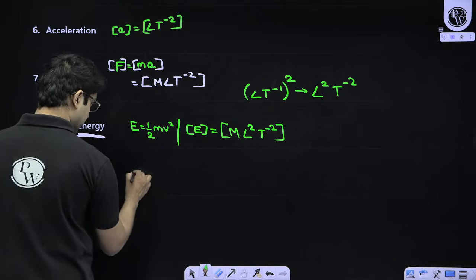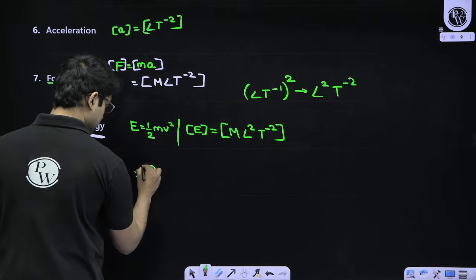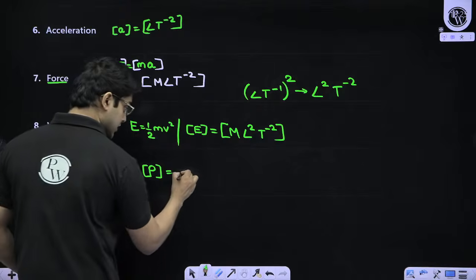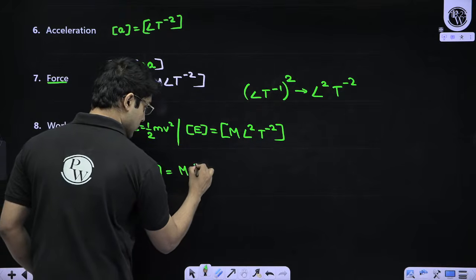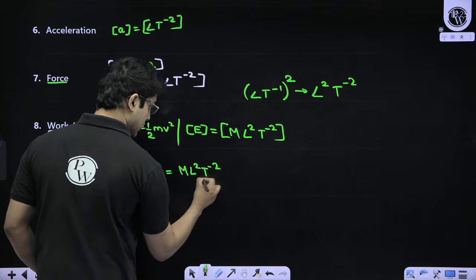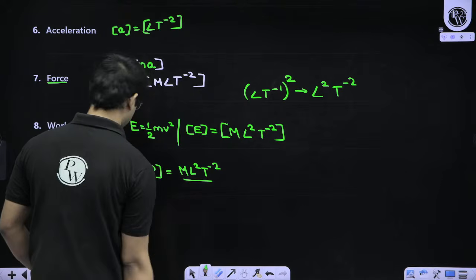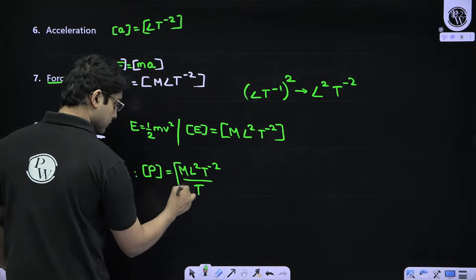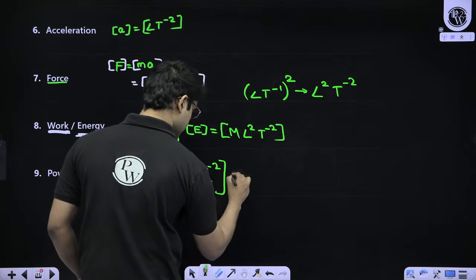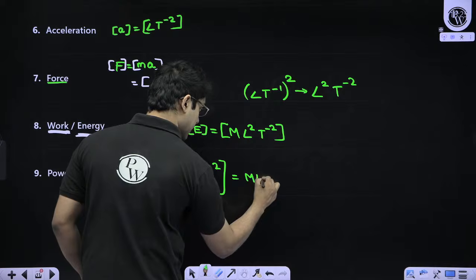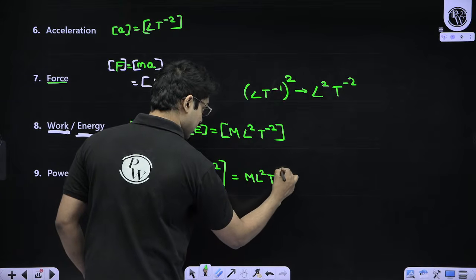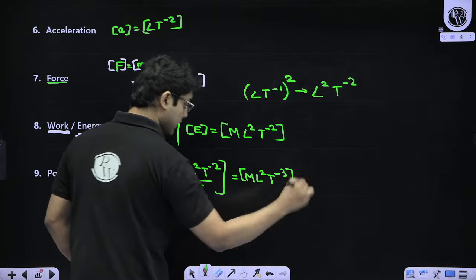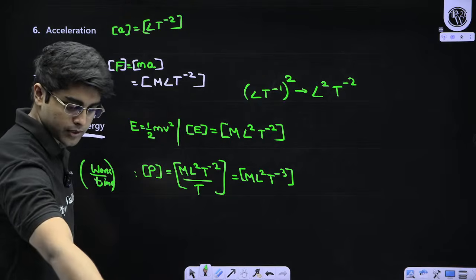So power's dimension will be energy's dimension, which is m L square t raised to minus 2, divided by time. Take the time to the numerator, so this will be m L square t raised to minus 3. This will be the dimension of power.